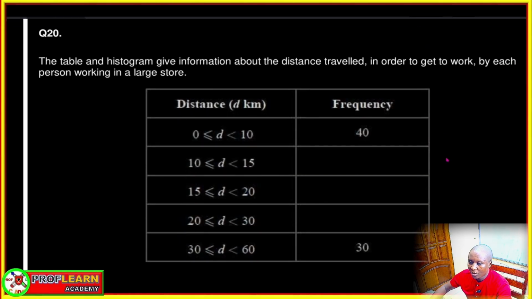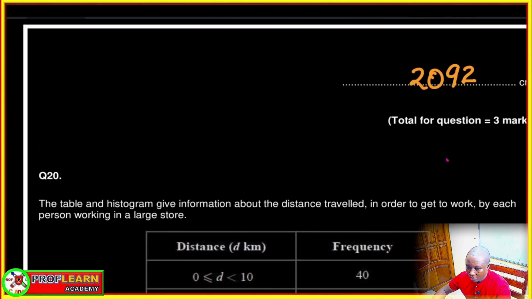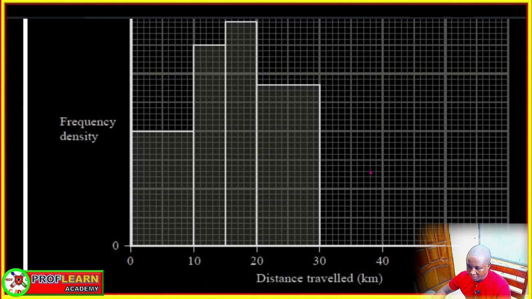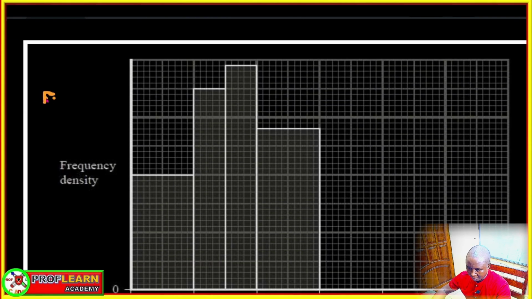Okay, moving to the next part, we are given a histogram. In order to work out questions on histograms, what you need to remember is that frequency density is frequency divided by the class size.